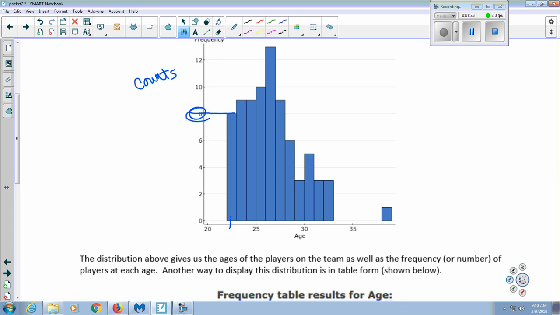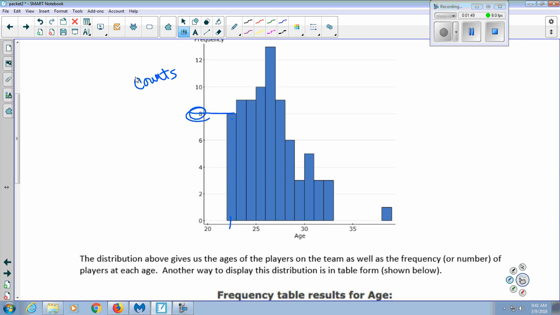Okay, and we can talk about the shape, the center, and the spread. We're noticing here the shape is skewed to the right. So this distribution gives us the ages of the players on the team as well as the frequency. So right, there are 8 players who are 22 years old.